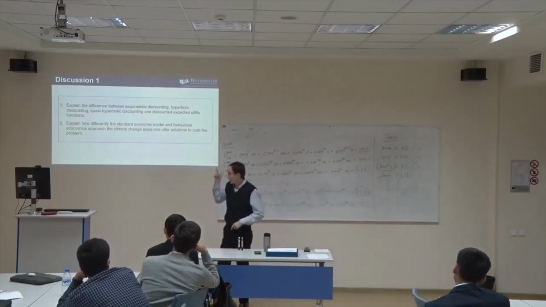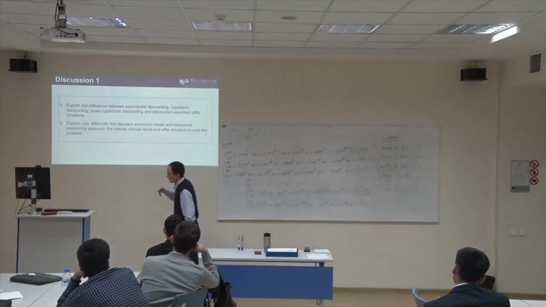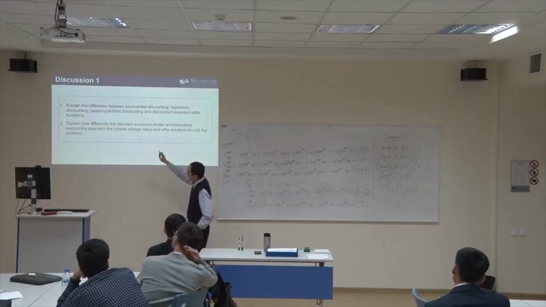All right, so in the last question for our discussion today, explain how differently the standard economic model and behavioral economics approach the climate change issue and offer solutions to solve the problem.